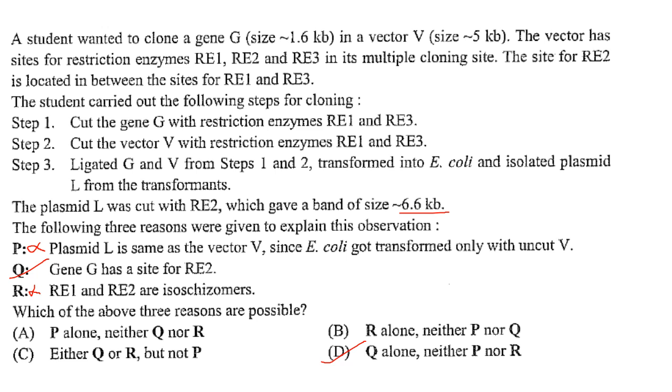Here they have not mentioned that restriction enzymes 1 and 2 require different reaction conditions. So they cannot be isoschizomers. So R is also not correct. So the answer here is option D, that is Q alone, neither P nor R.